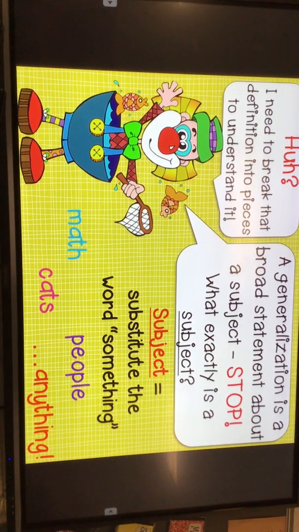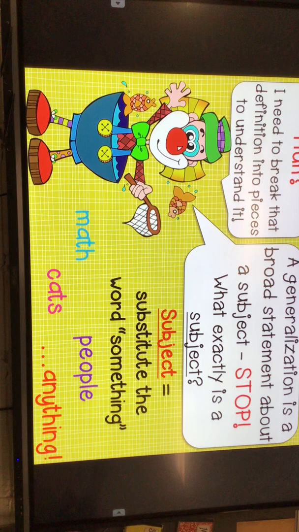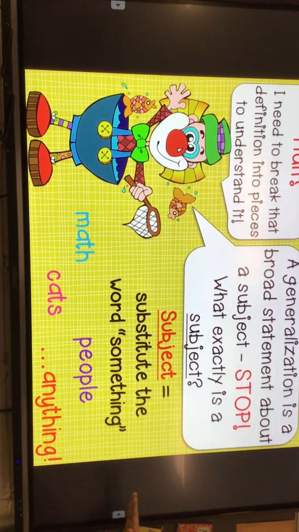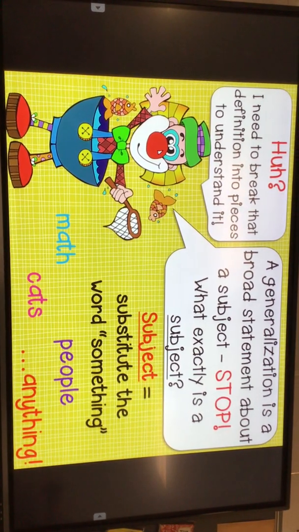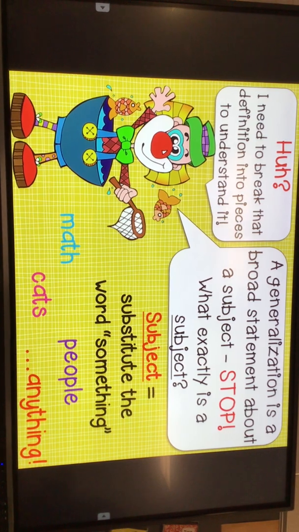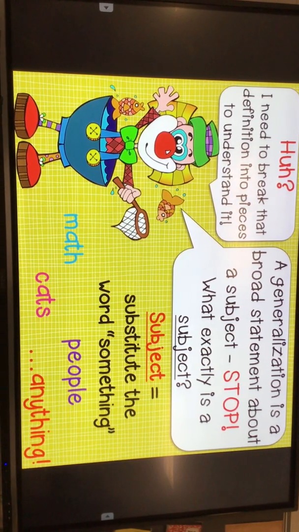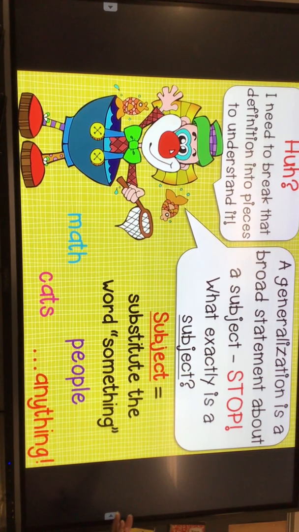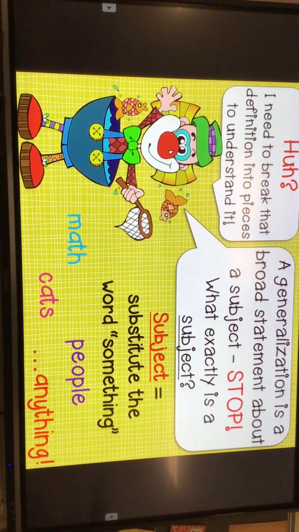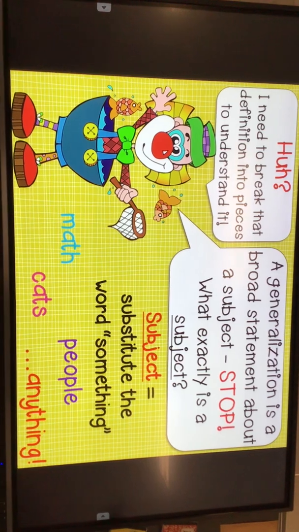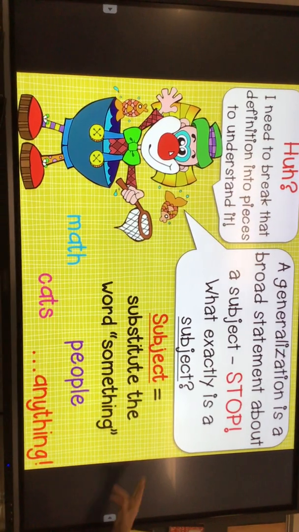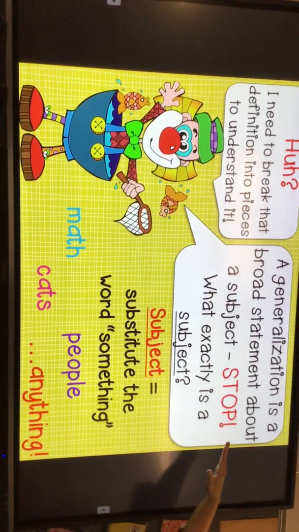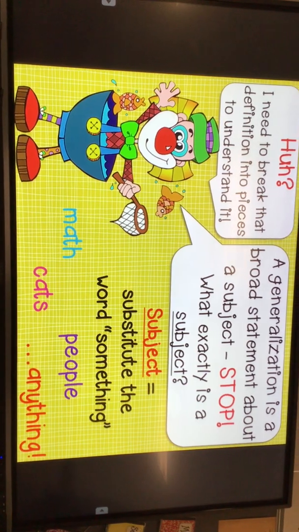So a generalization is a broad statement about candy or math or people or cats. All cats are cute. That would be a broad statement, because have you ever seen a hairless cat? They are not cute. Okay, that was a generalization. So we can substitute subject with something.